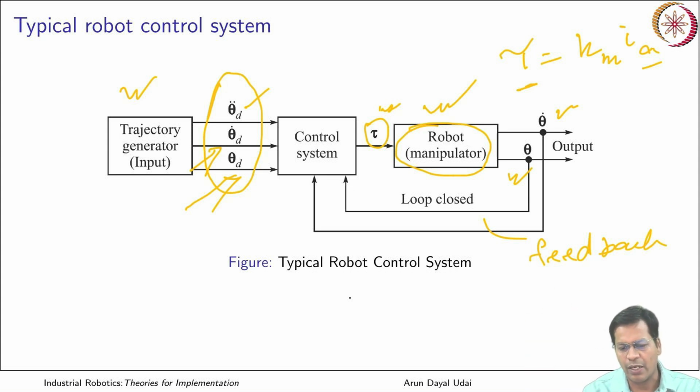All these three are fed to the control system, and the controller basically tries to maintain this desired trajectory. That is the commanded input. It compares the actual with the desired, and it has its own brain. Based on that, it does everything. So this is a typical robot control system. We'll talk about what actually goes in here and how it is possible to do this.